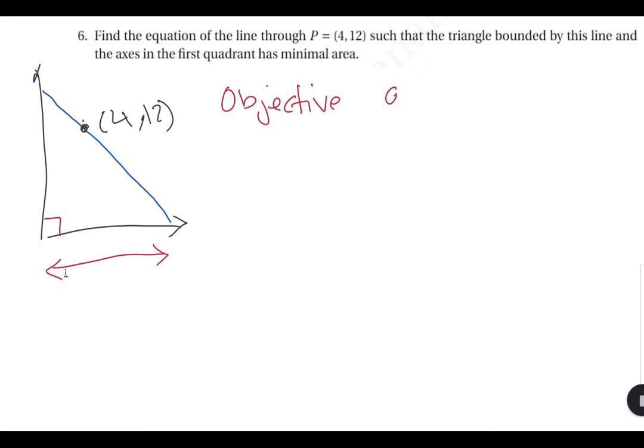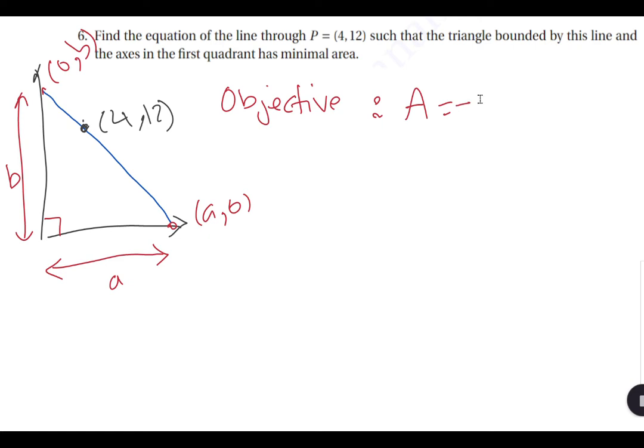I'm going to call this A and call that one B, which makes this intercept (A, 0), and that one (0, B). So the objective here is basically to minimize the area, equal to A times B divided by 2.